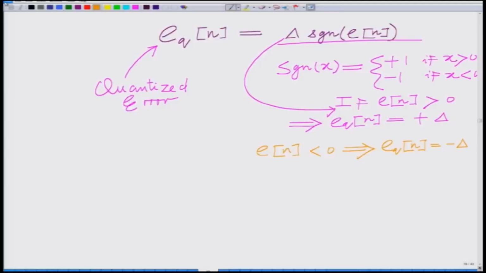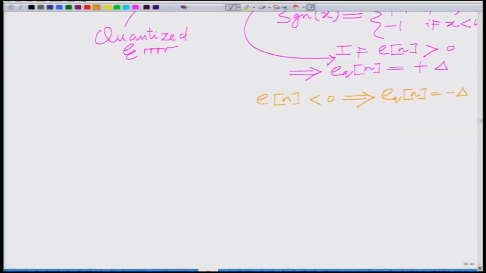So, E[n] is the error and we are quantizing the difference.